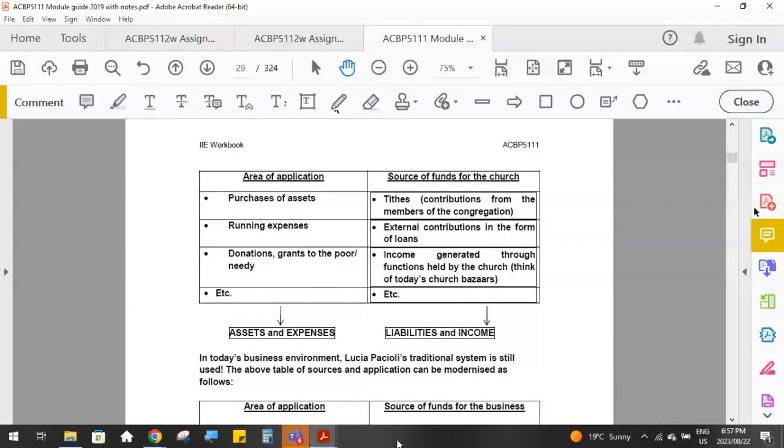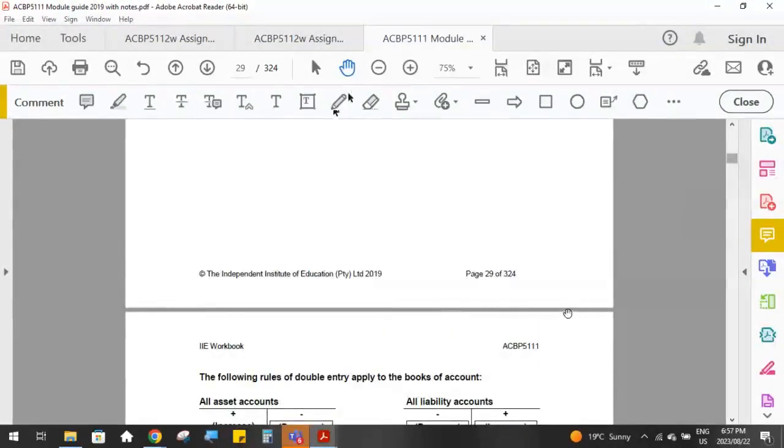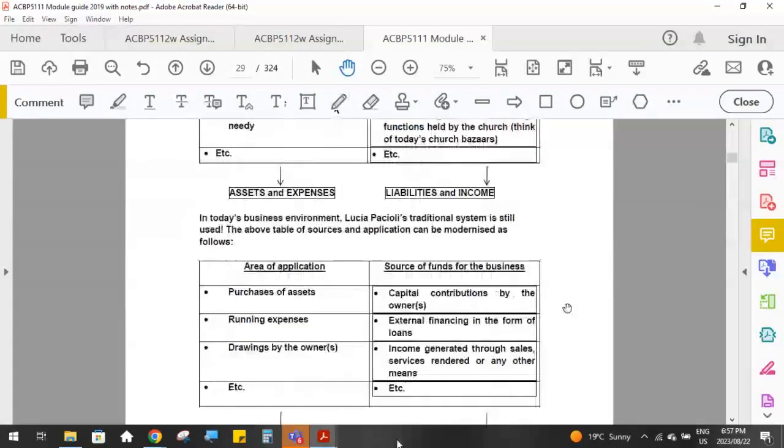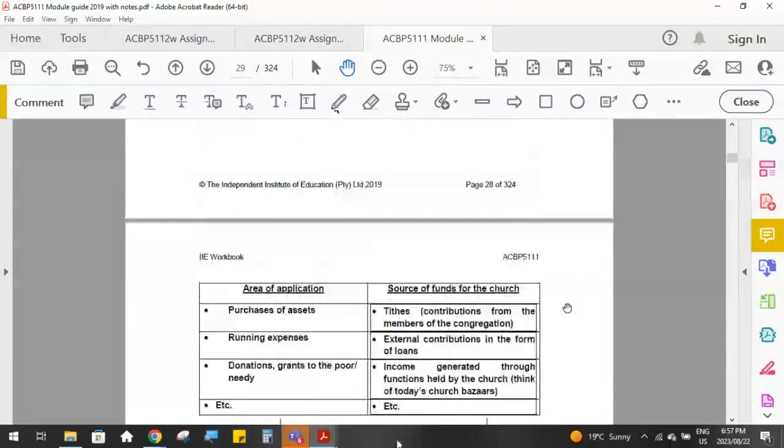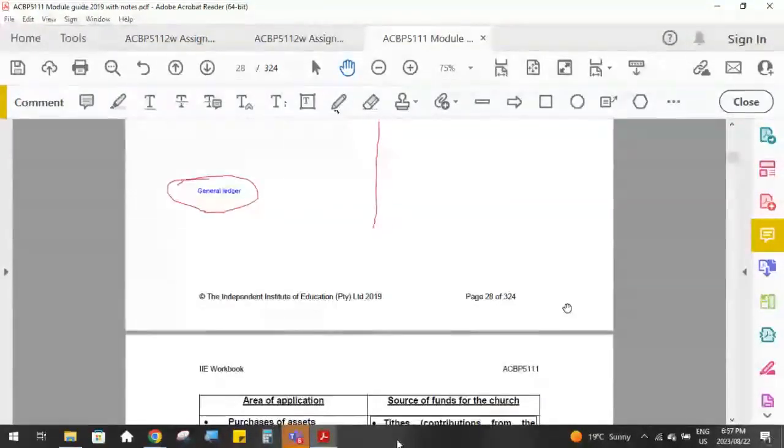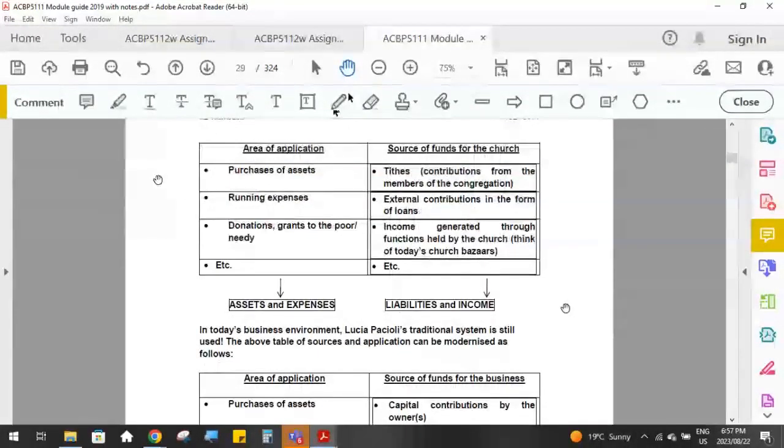So this is just a very nice illustration of it, and this is on Learn, if I remember correctly. Here they have used the example of the church, because remember way back in the Middle Ages, churches were huge, and a lot of the money in the entire economy was controlled through the churches in those days, apart from the merchants.